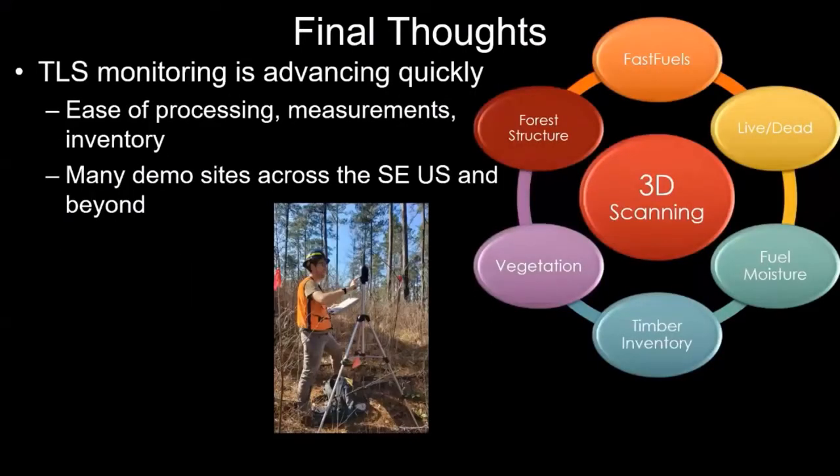And TLS monitoring is advancing very, very quickly: the ease of processing, the measurements that are taking, the inventory that's coming out of the TLS products. There's an enormous amount of demonstration sites across the Southeast, and even across the US that are occurring right now. So it's moving pretty quickly.